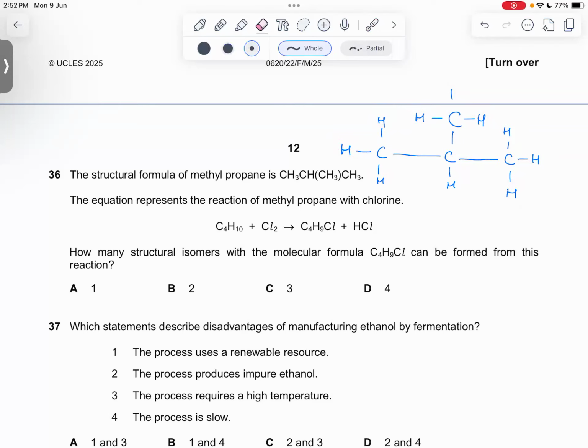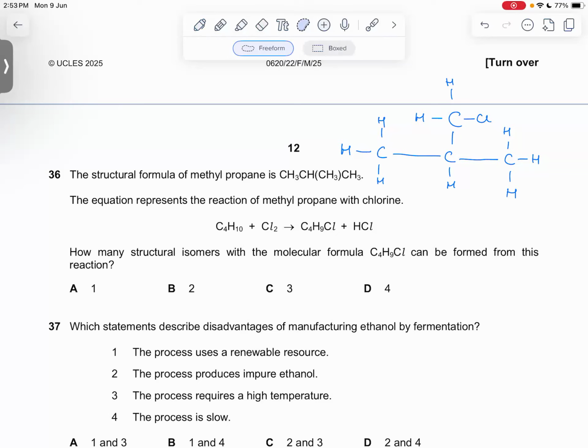If the chlorine gets attached over here, it is the same as being attached over here, because these three are all the same type of carbon. The name will not change. So one of the structural isomers would be this.